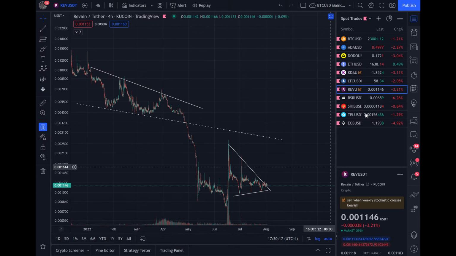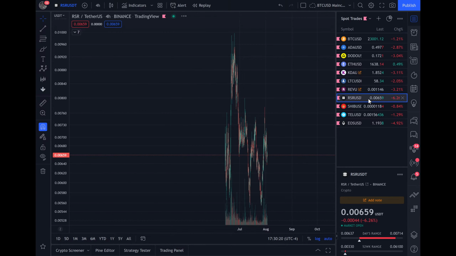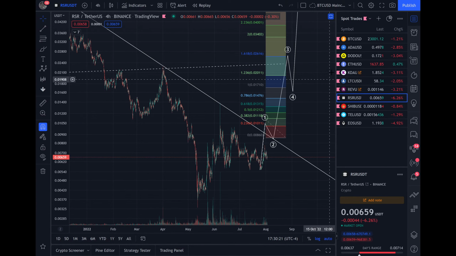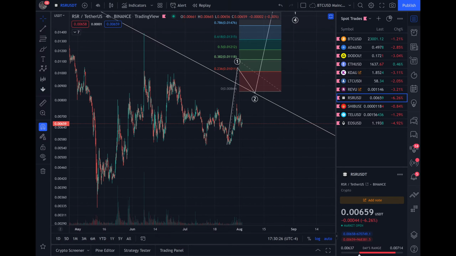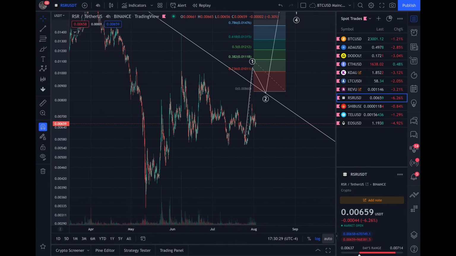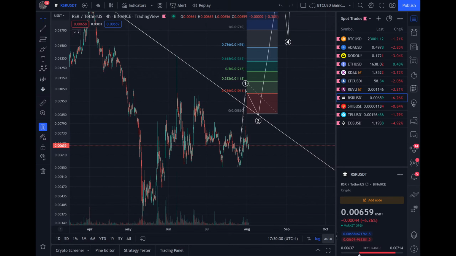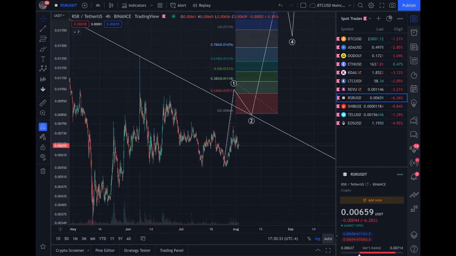Let's do Reserve Rights. Reserve Rights, I still like this read a lot. This read is still my favorite right now. I think this is very, very clearly a wave.